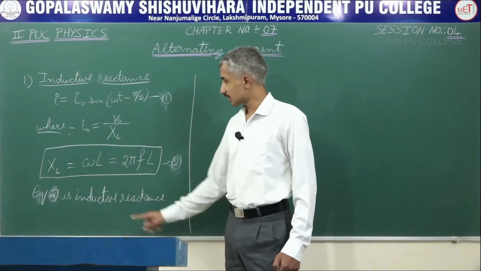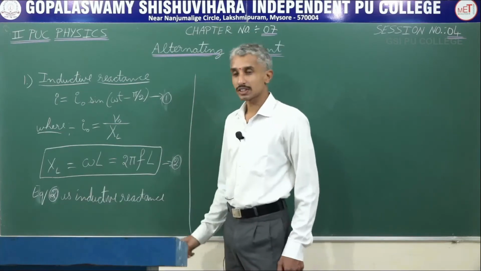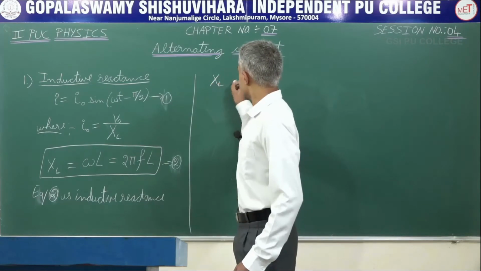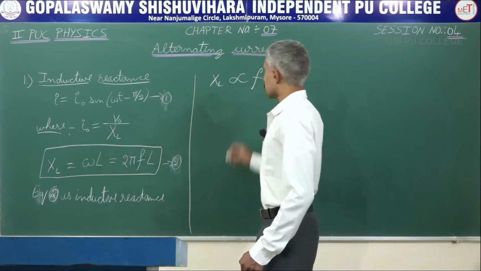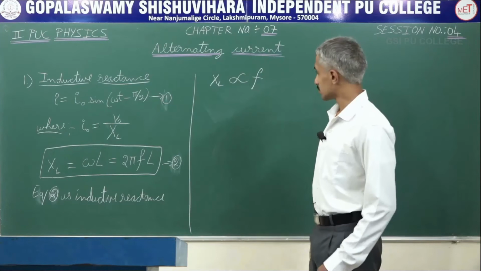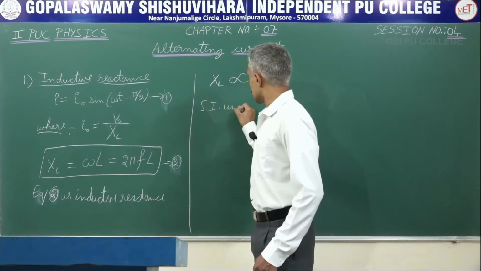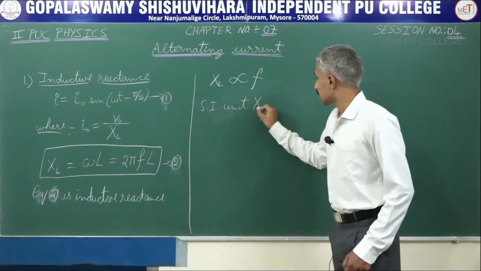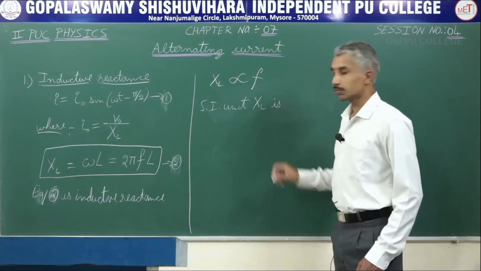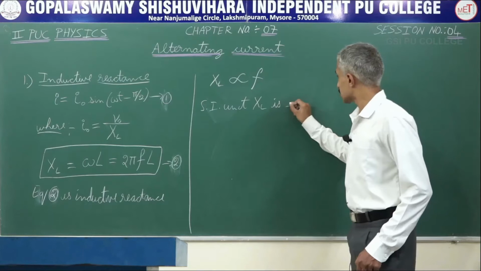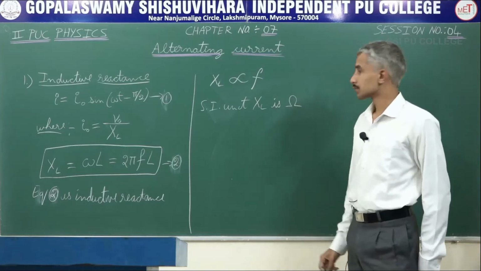So as frequency increases, inductive reactance also increases. I can write here, inductive reactance is directly proportional to frequency of the AC. Also, the SI unit for inductive reactance is the same as resistance and it is ohm.